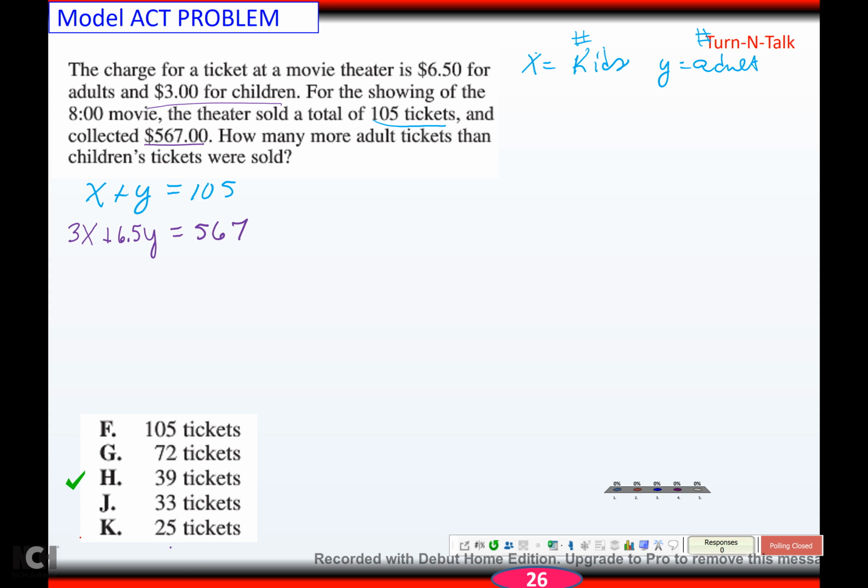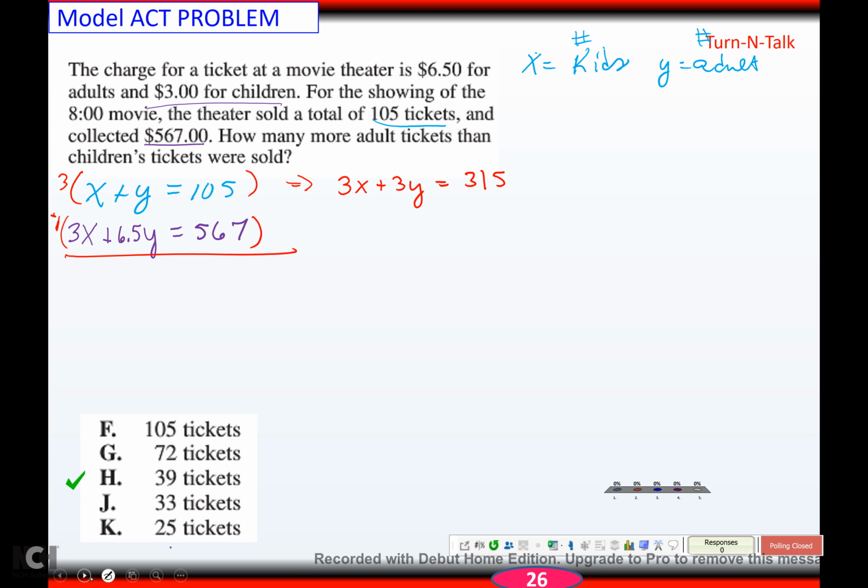And I'm going to solve it by eliminating the x's. So 3 goes up, 1 comes down. Since they came out the same, I've got to make the bottom negative. So if I distribute the 3 on top, I get 3x plus 3y equals 315.